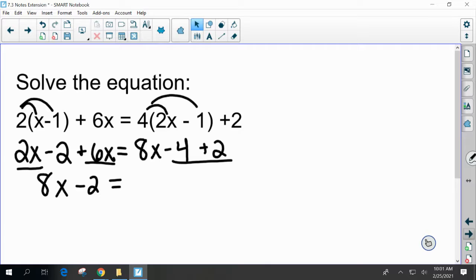What did you get? Negative 2. So 8x minus 2. Okay, so what do you notice has happened? They're the same thing on each side. So this would be infinitely many.